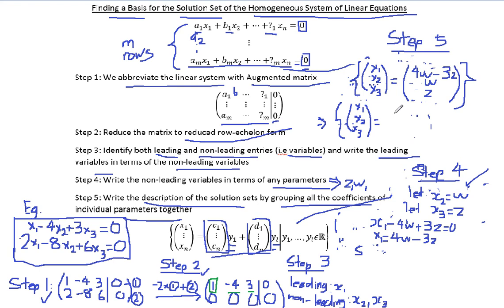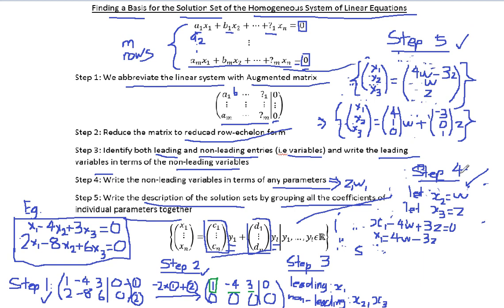That means equals to, let's do W first, so it's 4, 1, 0, W plus, so the Z coefficient for the first row is minus 3. For here, there's no coefficient of Z in the second row, so it's 0. And for the third row, the coefficient of Z is 1, so it's 1 Z. So step 5 done.